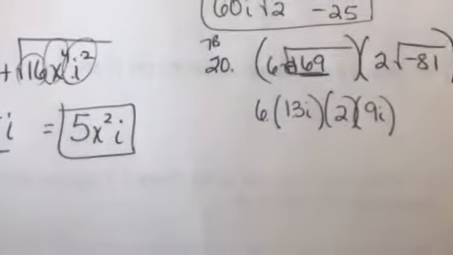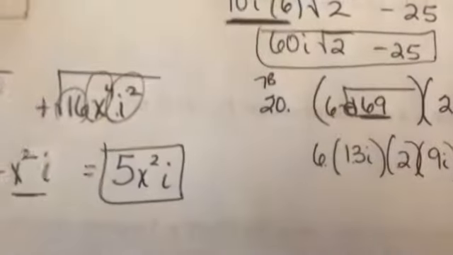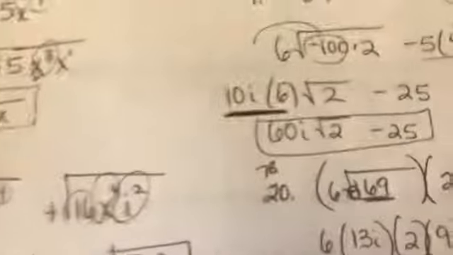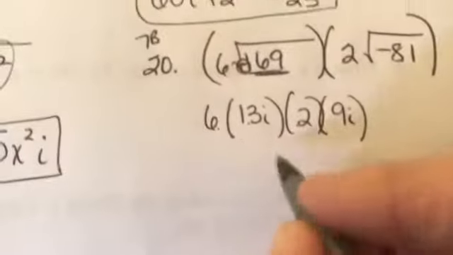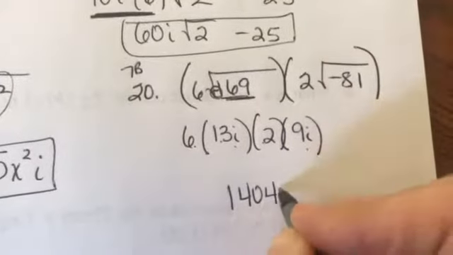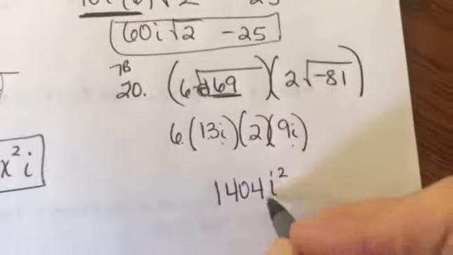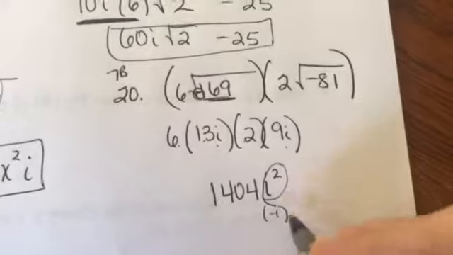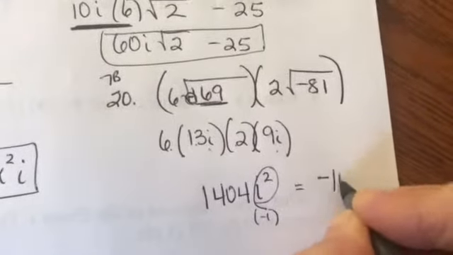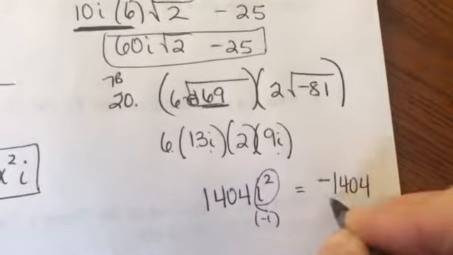So crunch that in. This is number, what, 20? I'm going to peek because I don't know that mentally. So I'm going to get 1,404, and i times i is i squared. What's i squared? Remember, that's negative 1. Negative 1 times 1,404 is negative 1,404. So that should be your answer on that one.